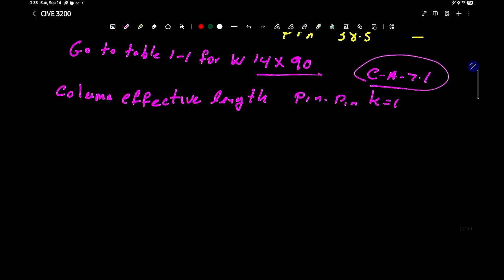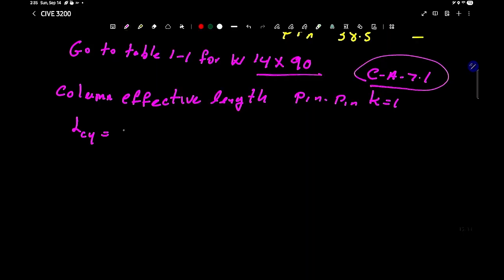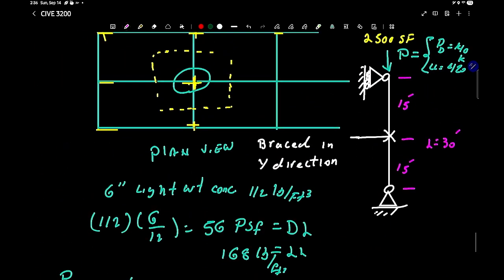And now we can go ahead and look at the LCY, because table 4-1a is based on the weaker axis, which is Y. So now it's KY times LY, and remember it's braced at the weak section. If you look at the column right here, it's braced at the Y axis right here, and therefore the unbraced length is this much right there, which is 15 feet. But if you look at the X axis, the unbraced length will be right here, which is equal to 30 feet. So let me come back in here.